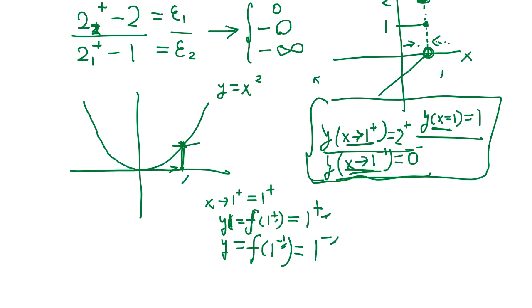So when we define this, we want to know what number y equals f 2 plus is going to be. When you put the 2 plus, it's going to be 4 plus, right? But we want to know this number.